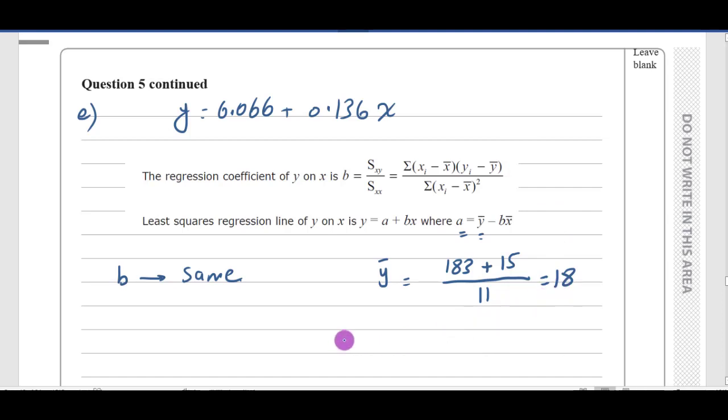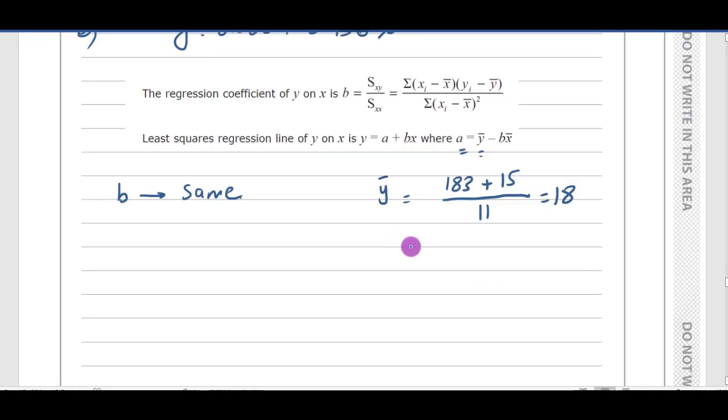Okay, so now A is equal to 18 minus B multiplied by x bar, where B is 0.136 because it's the same as before, and x bar is now 90.